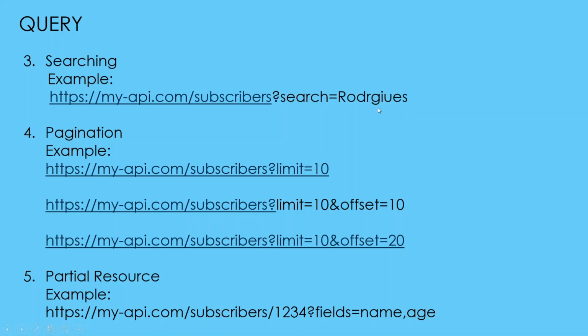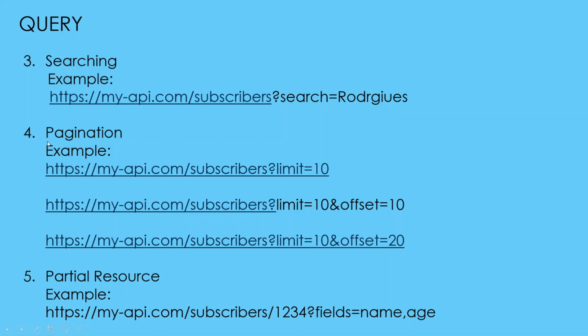It's not saying that its name is Rodriguez, but it should have Rodriguez in its name. So if there could be 1, 2, 3 subscribers, it will return all the subscribers that have Rodriguez in their name, and it will also return the complete data, all the columns that are present in the subscriber table, everything will be returned.